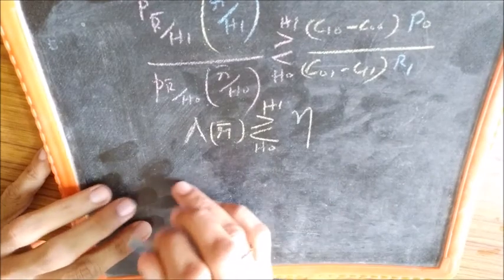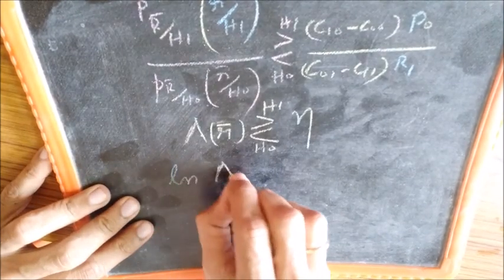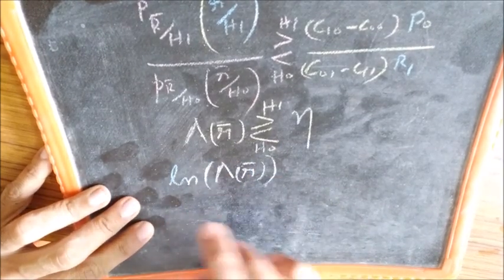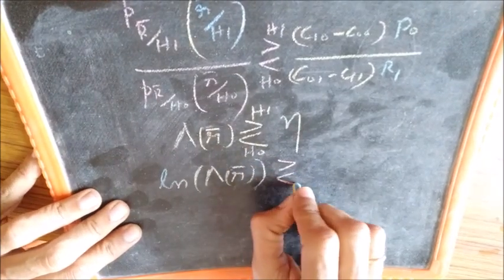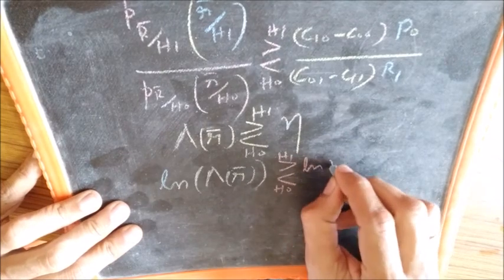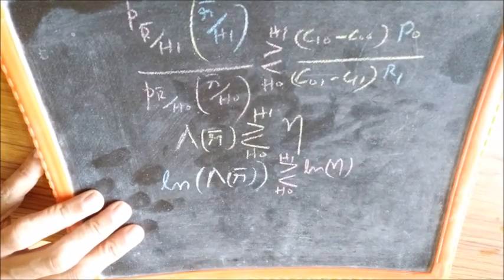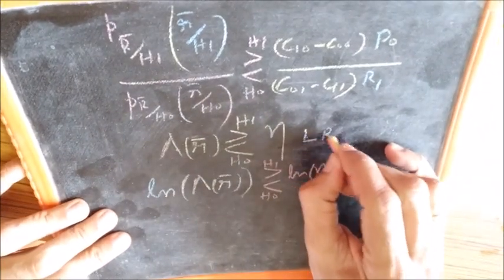It is also sometimes convenient to go for a log likelihood ratio, where this is the natural log. We can express the decision rule like this. So this is called a likelihood ratio test.